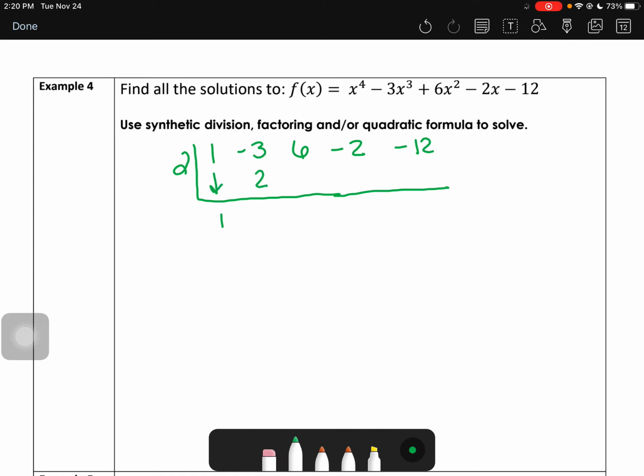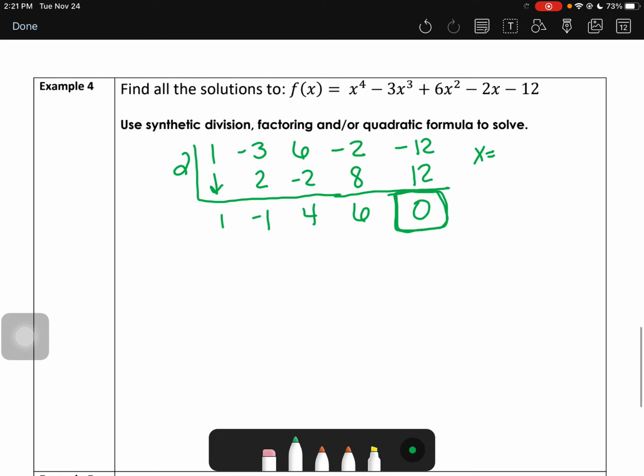So bring down the 1, multiply, add, multiply, add, multiply, add, multiply, and we know we're ending with 0, which means that we know that x equals 2 is one of our solutions.